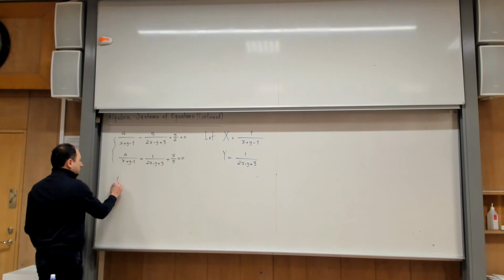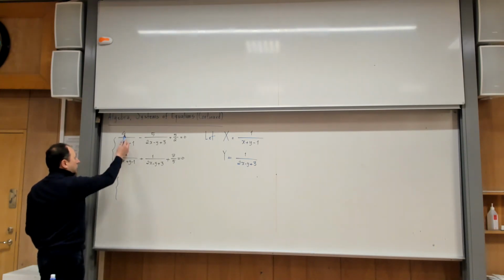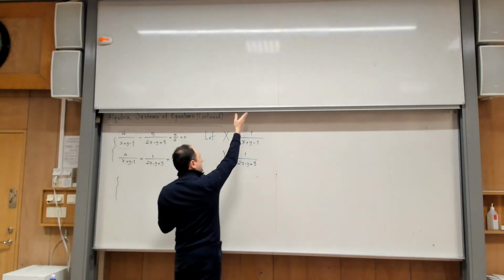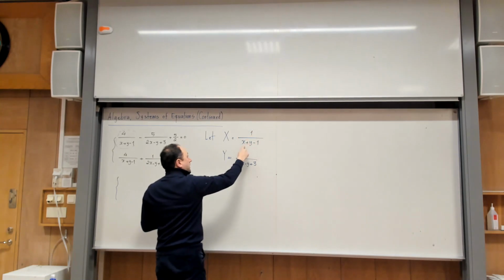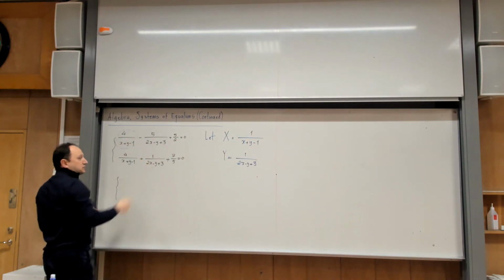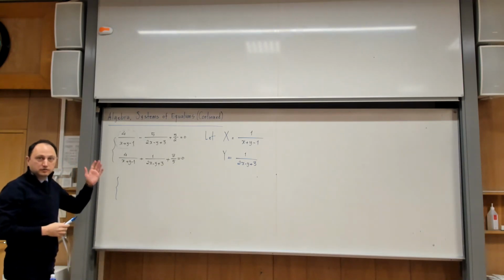I plug these two into the equation. This one can be written as what? Because you have introduced that this expression, 1 over x plus y minus 1, is capital X, this is nothing except 4 times capital X. Is that understandable for everyone?